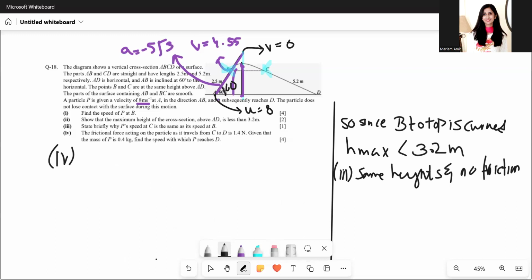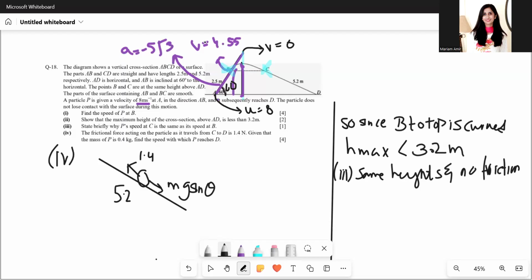I'm first using equation of motion. So I need acceleration. This would be mg sine theta. This would be friction, which is 1.4. And this distance is 5.2.